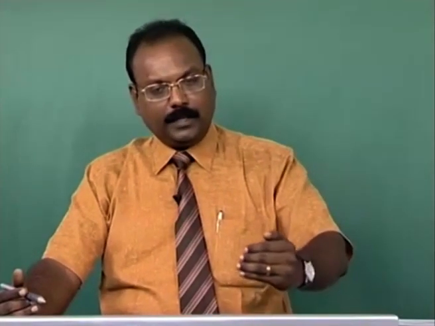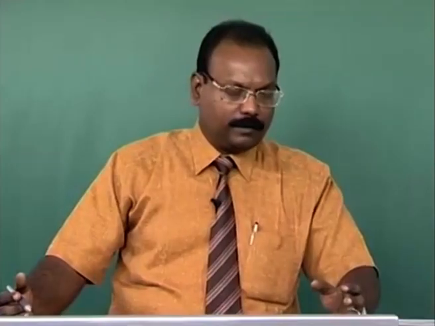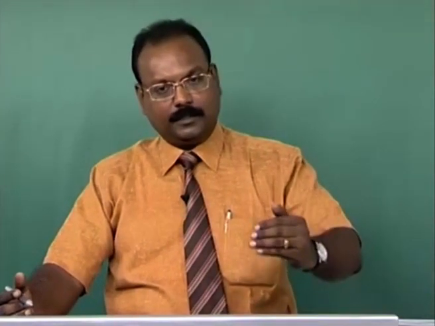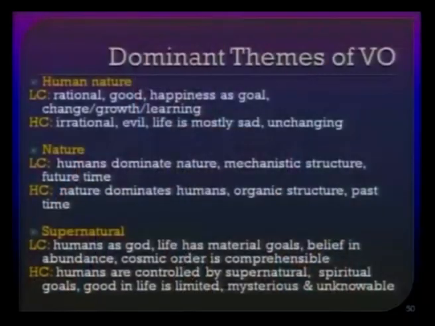So, he is able to dominate nature. If he wants to cut trees, he cuts, makes a dam. So, nature does not have any woes with regard to this kind of development, because man is considered the dominant person here, and it is mechanistic in structure and always oriented towards future time.